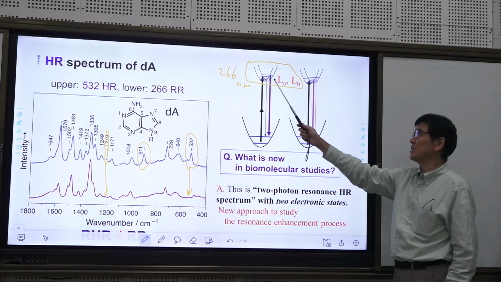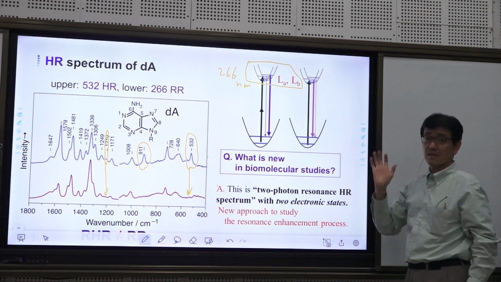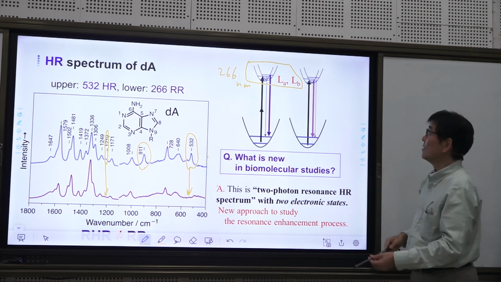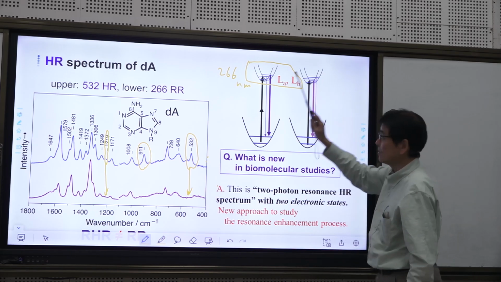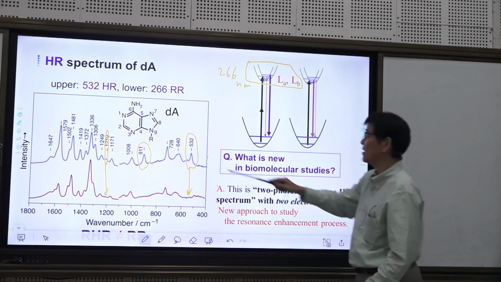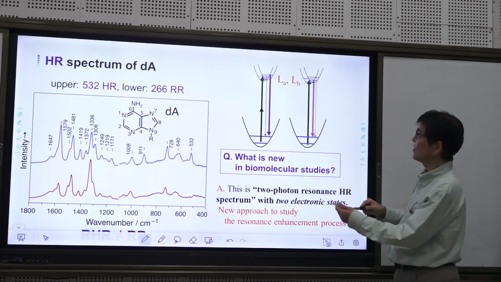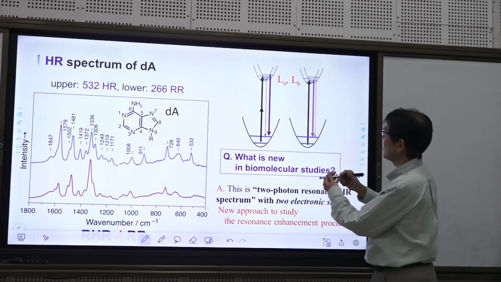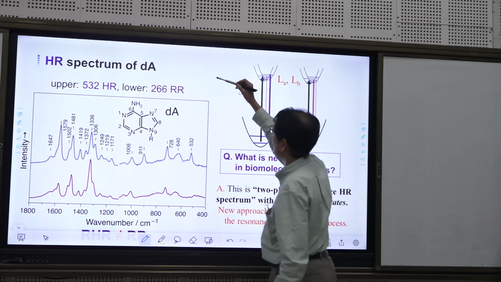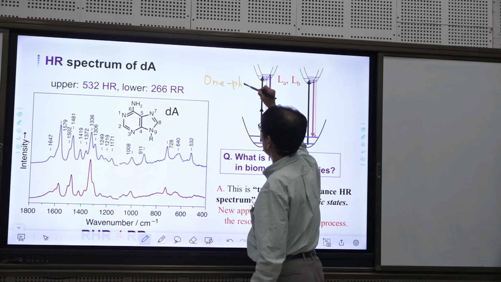And the nature of these electronic states has been studied in detail with the computational method. And this difference is explained by taking into account the difference in the character of the two electronic states. One should be one photon allowed.